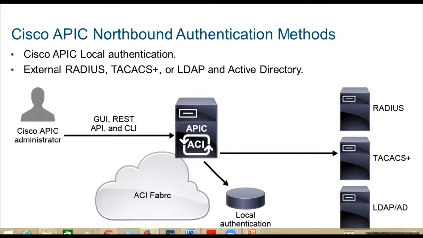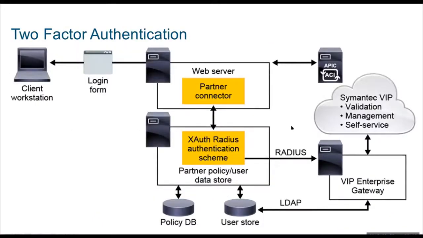You may have some environments which may have selected 2FA, two-factor authentication. User would be two-factor involved. What does the user know and what does the user have? Okay. They know their username and password.